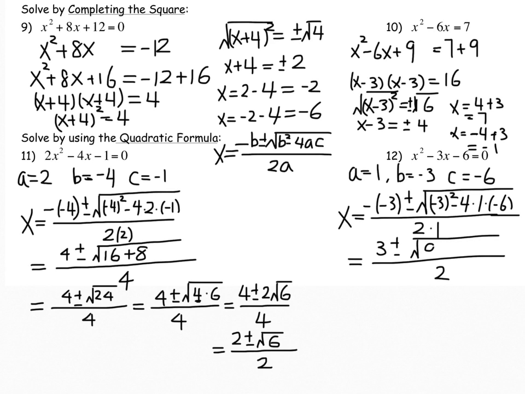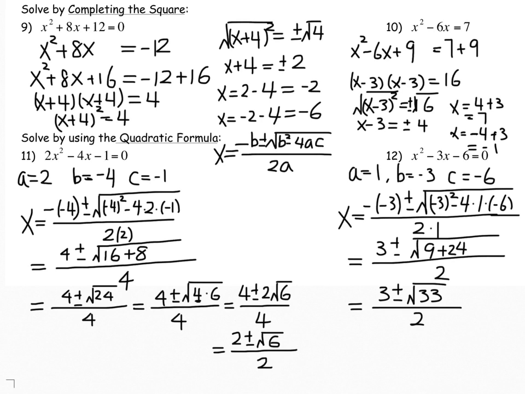negative 3 squared, which is 9. Negative 4 times 1, that's negative 4. Negative 4 times negative 6, that's positive 24. So what we have inside the square root, the radical expression, square root, 9 plus 24, which is 33.